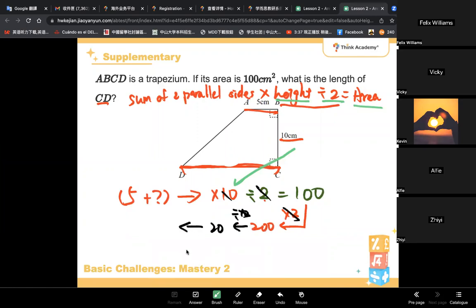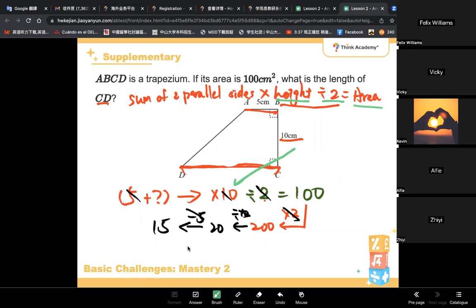Now we take away 5. So by the number machine, we know this is 15 centimeters long. This is another way to approach the answer.